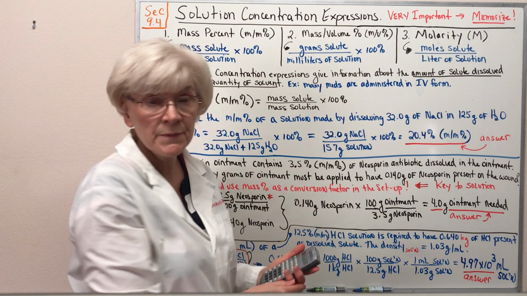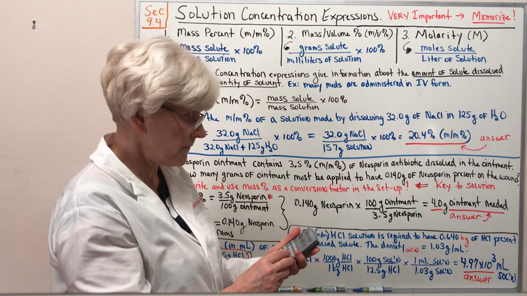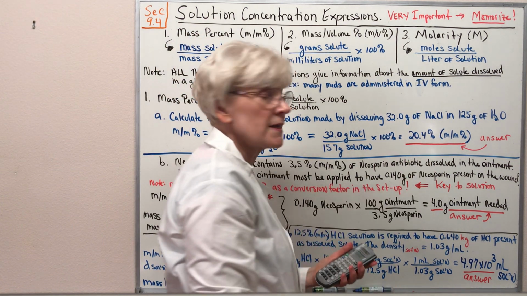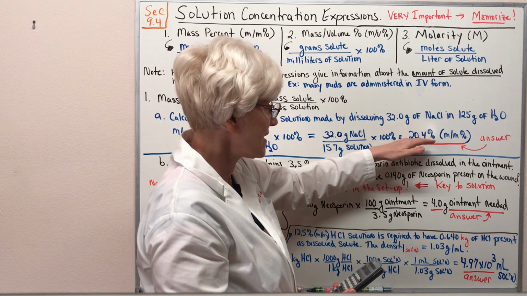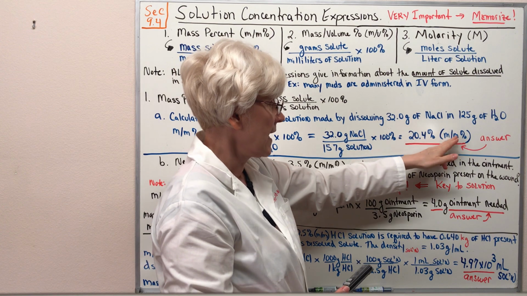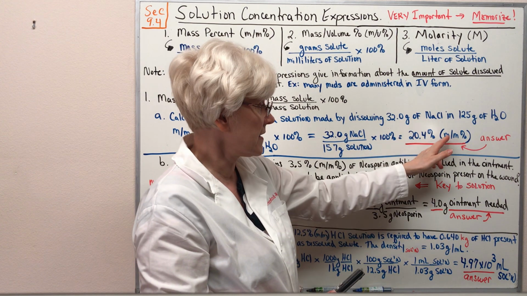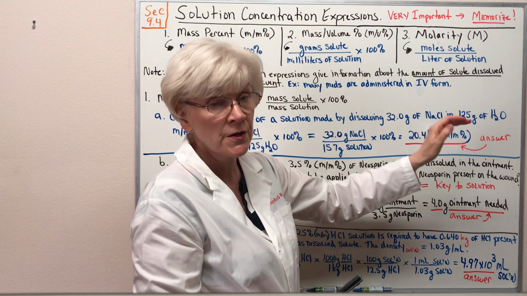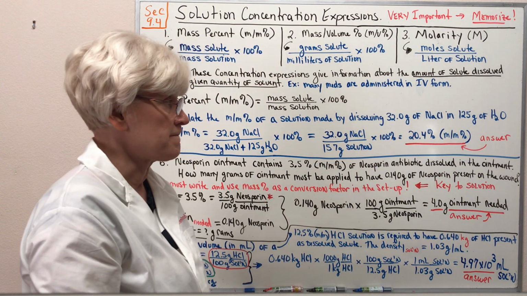Looking at my setup, I should have 3 sig figs for my answer. So rounding to 3 sig figs, I write 20.4% and then indicate in parentheses that this is a mass percent. Mass of solute over mass of solution.